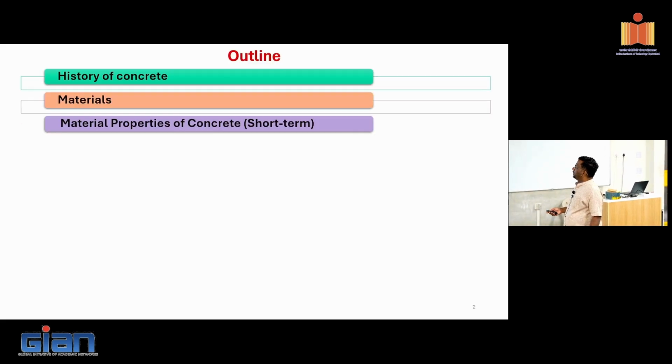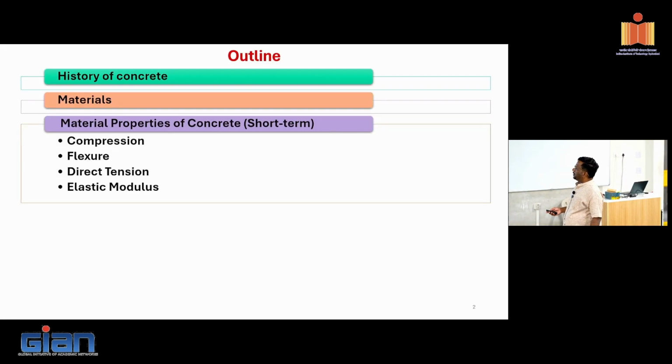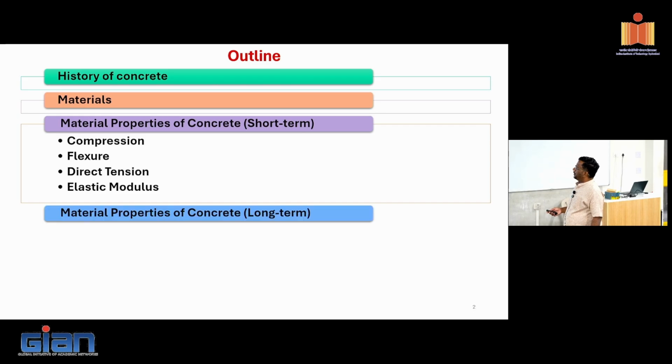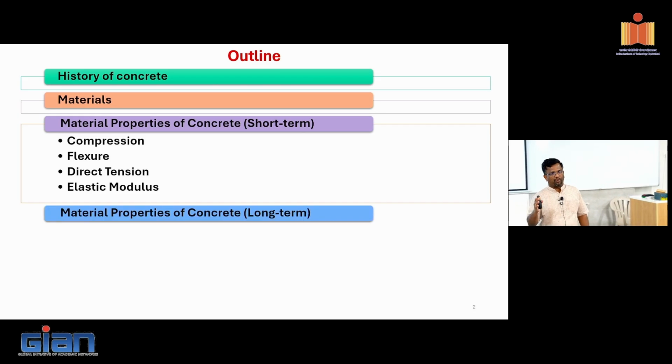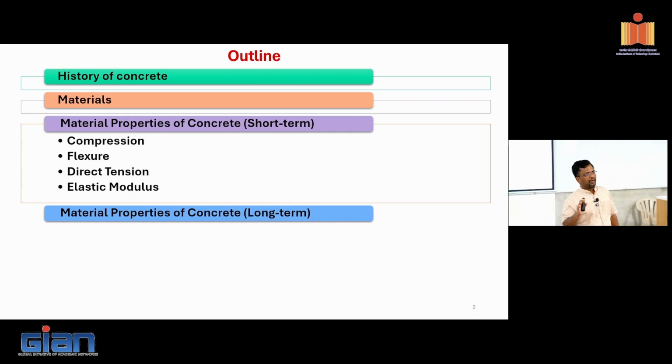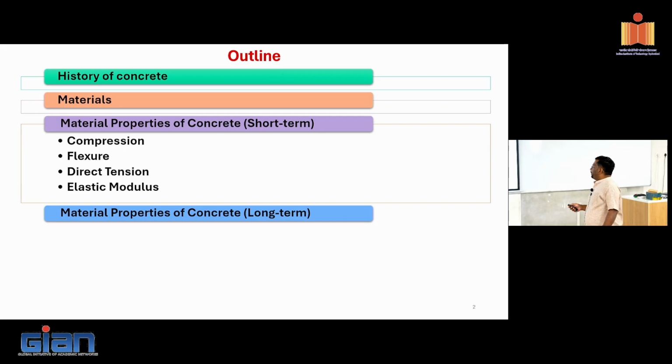Just a quick outline: one slide on the history of concrete, and then I'll talk about the basic constituents of concrete. It may be just a quick overview for most of you, but I'm going to talk in the context of precast technology. Then we'll talk about short-term properties, focusing on compression, and the stress-strain behavior for normal concrete and high-strength concrete.